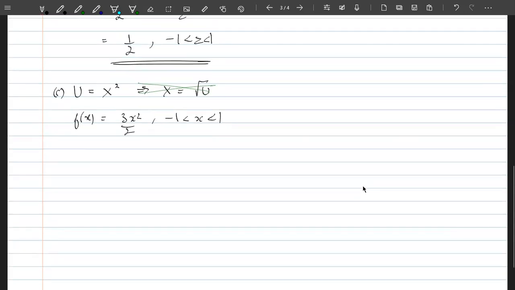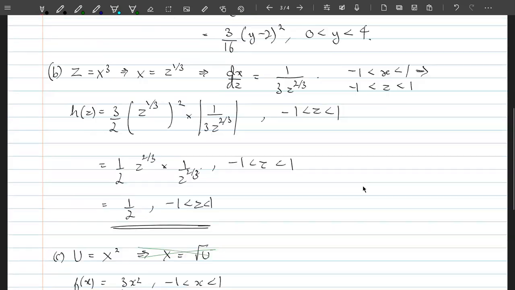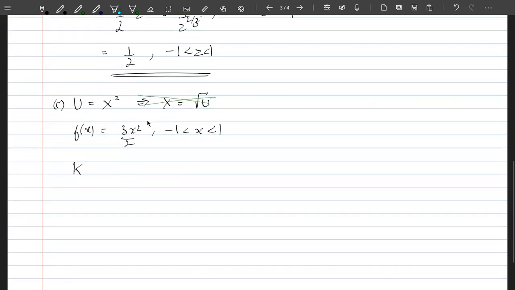Okay, so what we can do here is, before going to the generalization, again start with the CDF, because that's the only thing we know. So I'll take small k to be the PDF, and capital K to be the CDF of U, since I've used G and H here.